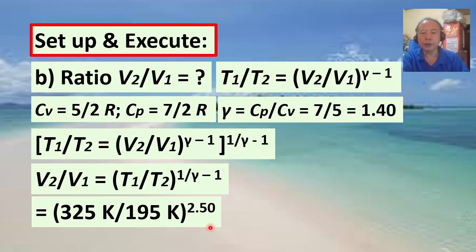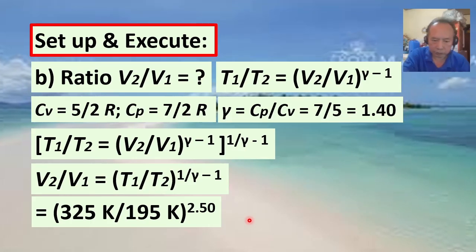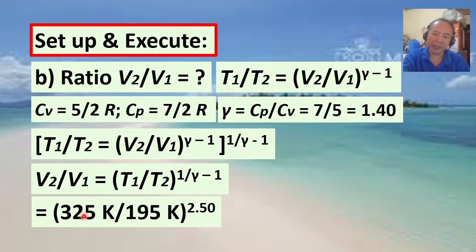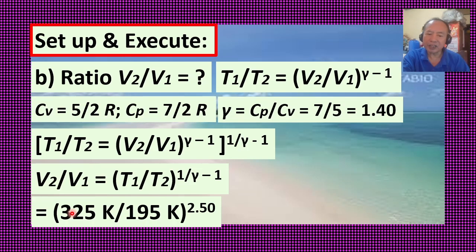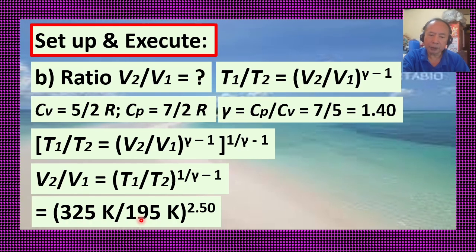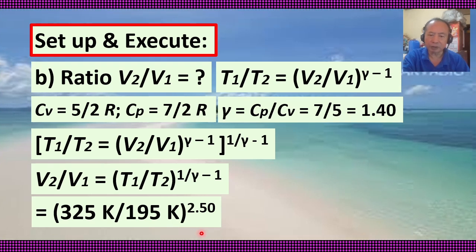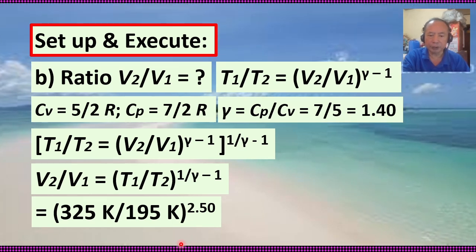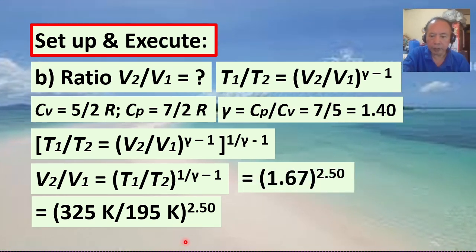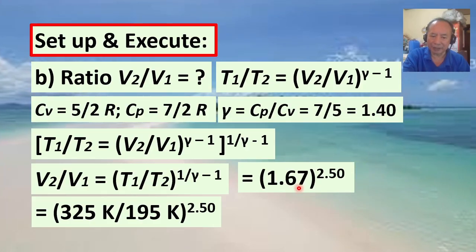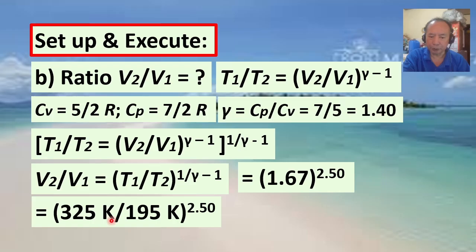So with the help of your calculator, after getting the ratio of 325 Kelvin over 195 Kelvin, we get 1.67. That is the ratio of the two temperatures.